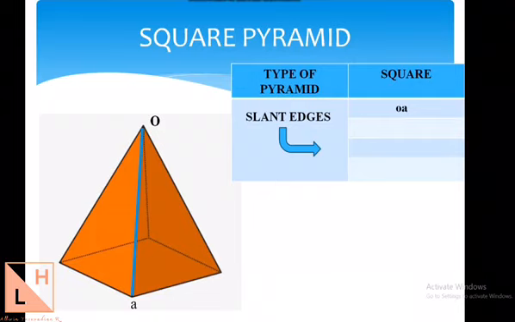So the number of slant edges you will find in a square pyramid will be 4, starting from OA, OB, OC and OD. These are the 4 slant edges you will find for a square pyramid. And this is going to repeat. In case of a pentagon pyramid you will have 5, in case of a hexagon pyramid you will have 6, and in case of a triangular pyramid you are going to have 3 slant edges.